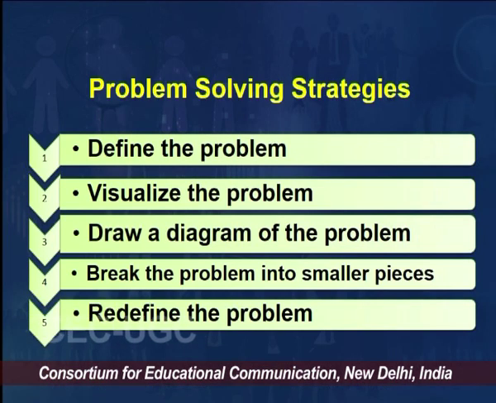So the first, as I said, is defining the problem. When I say defining the problem, it doesn't mean just saying that X thing has happened or X issue is there. We have to be very conscious while defining the problem, because a certain issue which seems like an issue could be a superficial one, may not be the real problem, right?